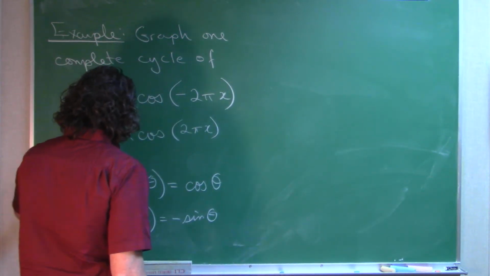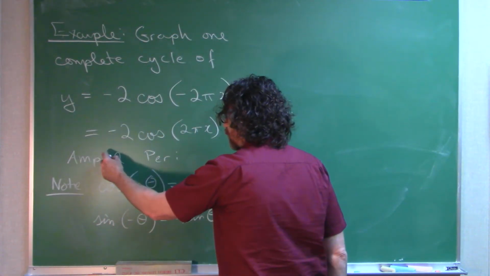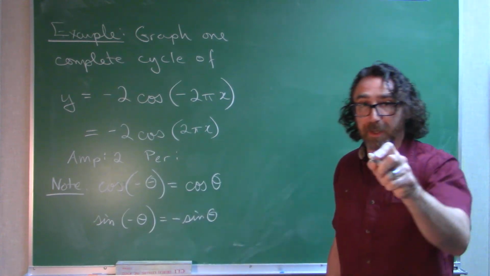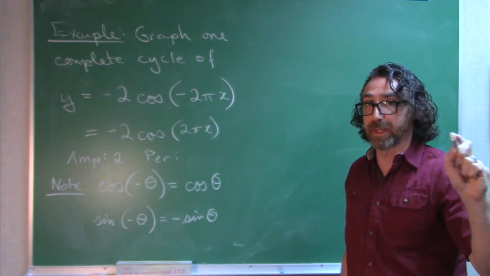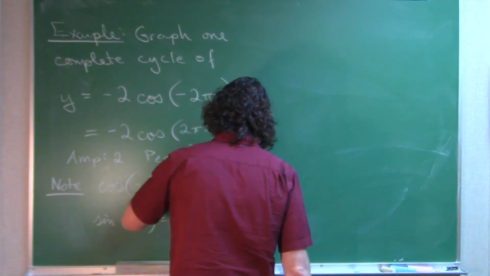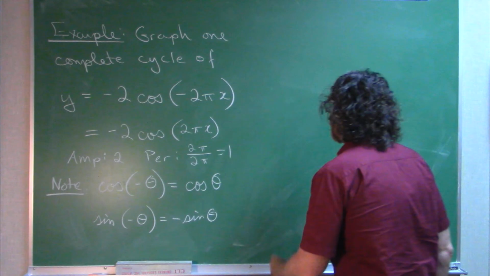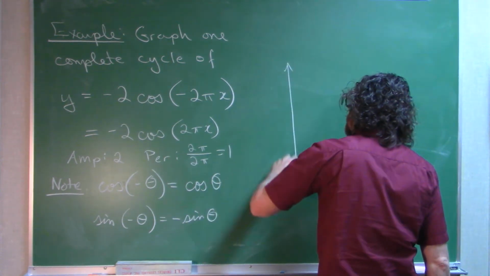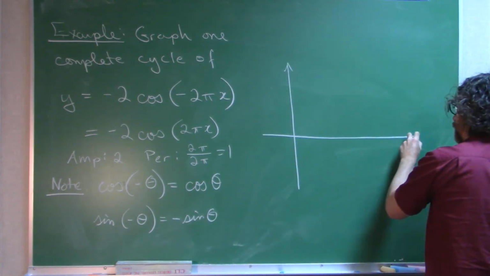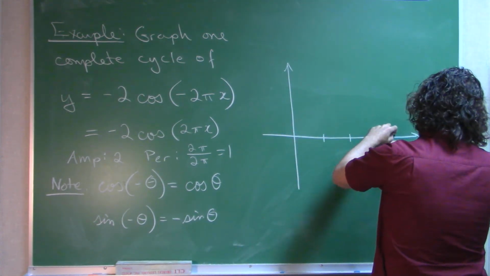So to get to my graph, I'll look at my amplitude, I'll look at my period. Amplitude is 2. Remember, amplitude is always positive. You never have a negative amplitude. Period, 2 pi over 2 pi. Period is 1. So 1, 2, 3, 4.